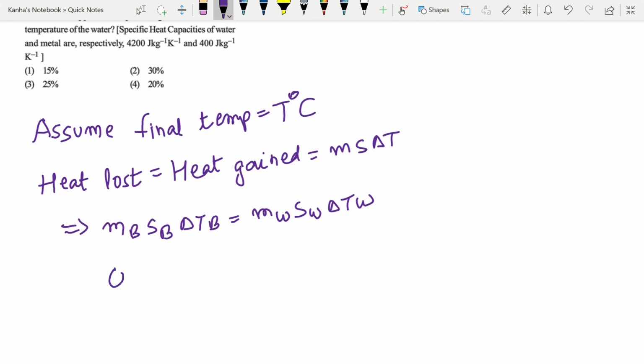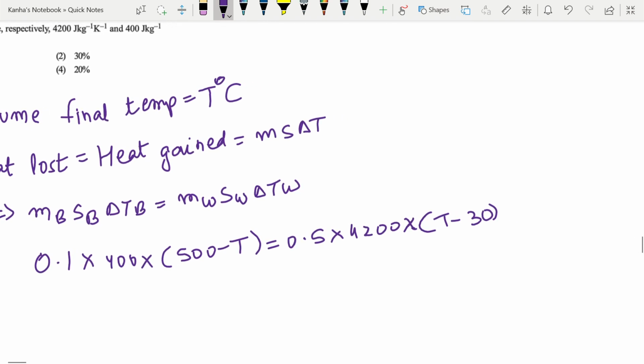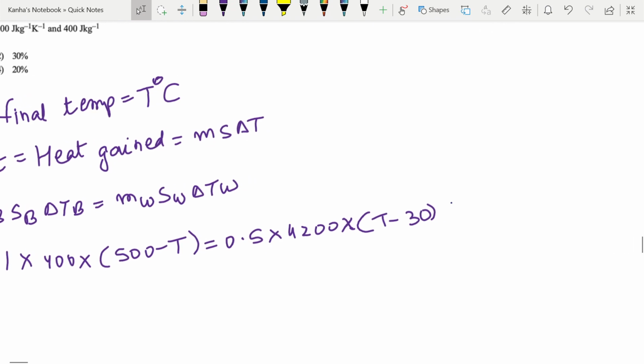So I have 0.1 into 400 into 500 minus t is nothing but 0.5 into 4200 into t minus 30 plus 800 into t minus 30.